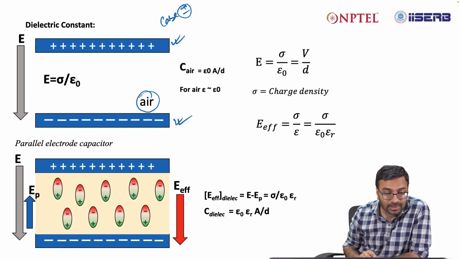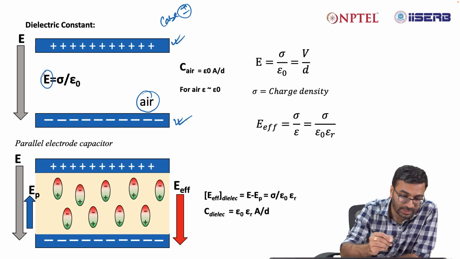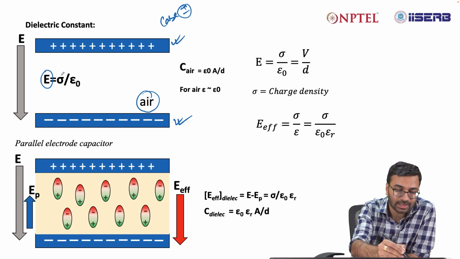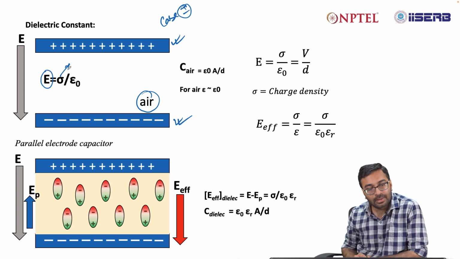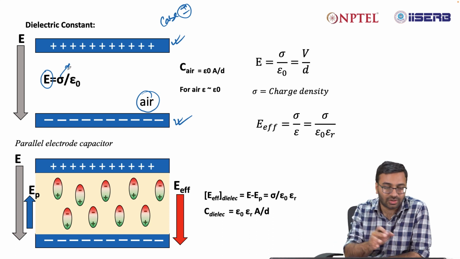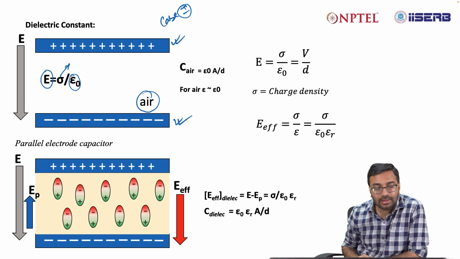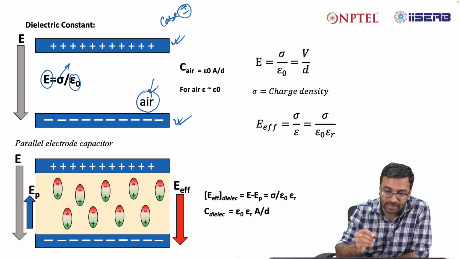In that case, the electric field E can be given by sigma divided by epsilon 0, where sigma is the charge density and epsilon 0 is the dielectric constant of air.